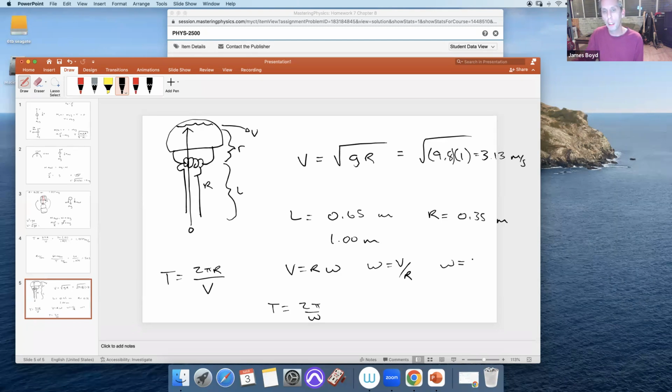Now omega is 3.13 meters per second over 1 meter, and that gives us rad per second. So this just becomes 2 pi over 3.13, and that's our period in seconds. 2 times pi divided by 3.13 is about 2.007 seconds. And again, if I take 60 seconds and divide it by 2.007, I get about 30 revolutions per minute.